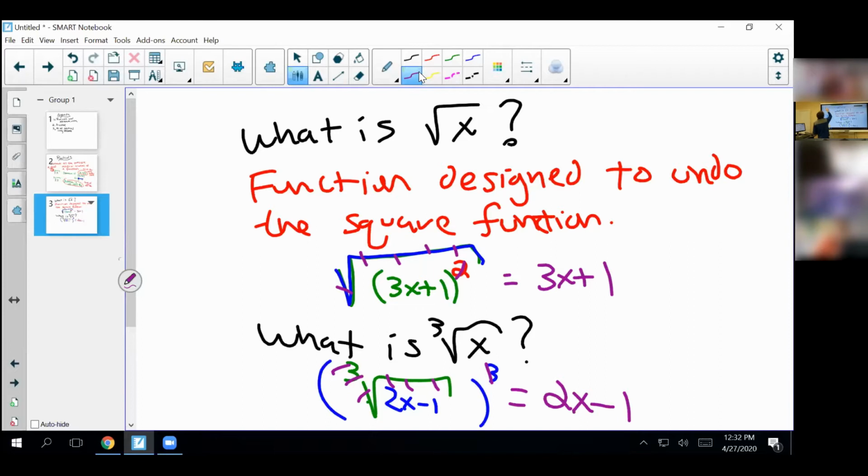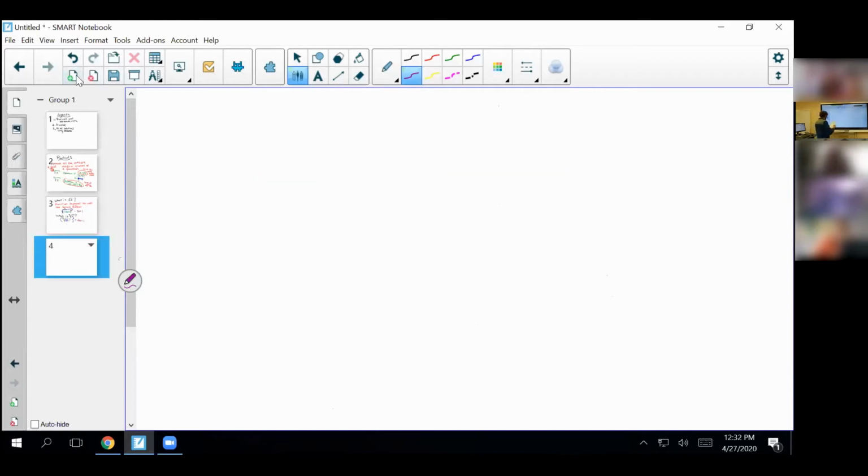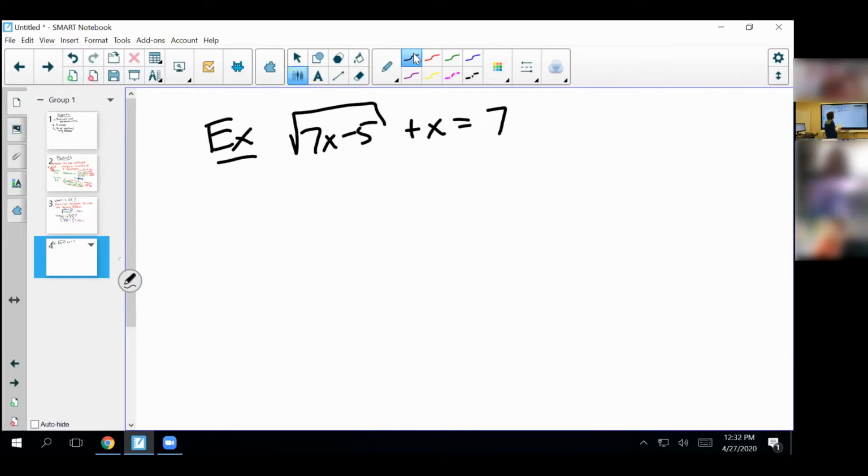So let's do this one. The square root of 7x minus 5, plus x, is equal to 7.